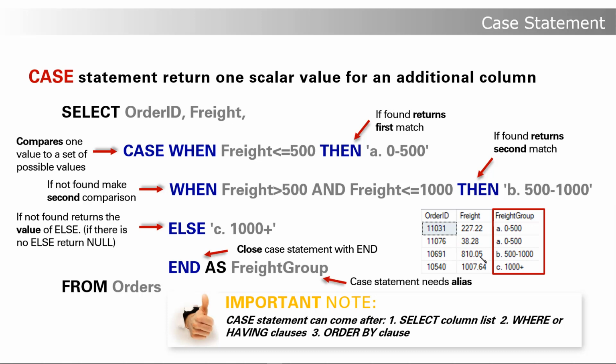Here in this row we see that the 810 is between 500 and 1000. So the group name will be the one where the value is between.